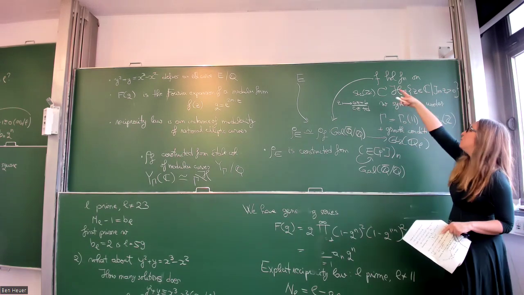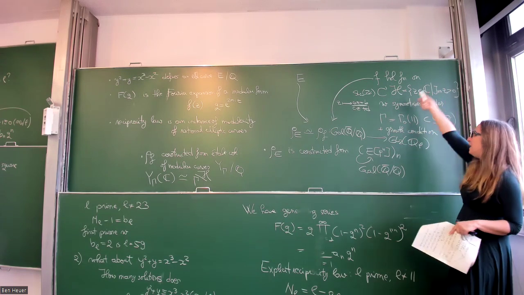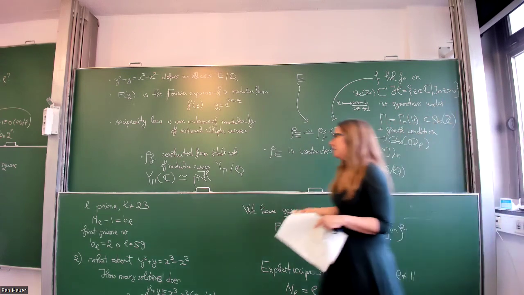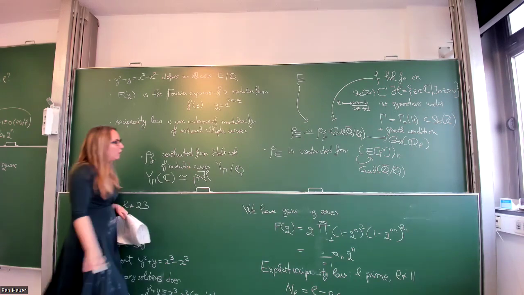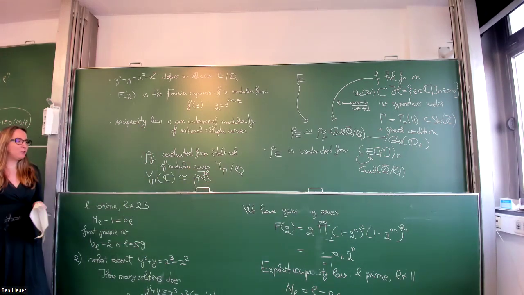So the point is that the modular form really in some sense lives on the quotient of H mod gamma. And in fact, this quotient has an algebraic structure and even a structure over the field of rational numbers.